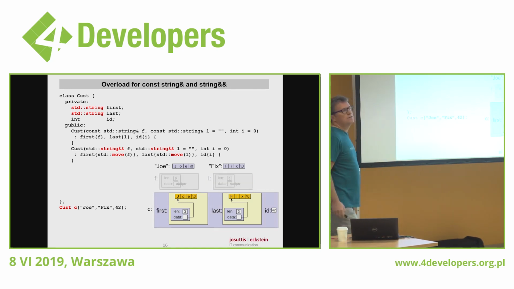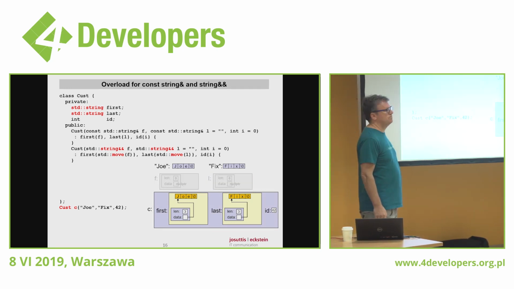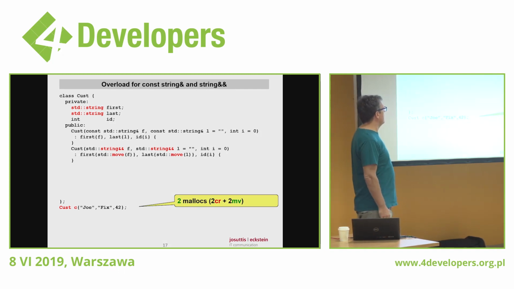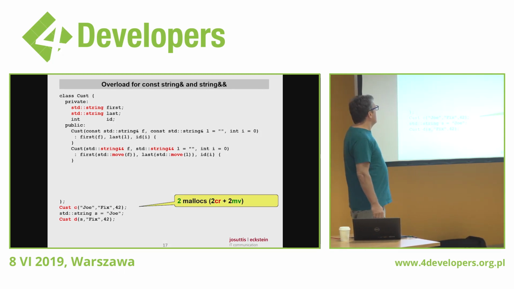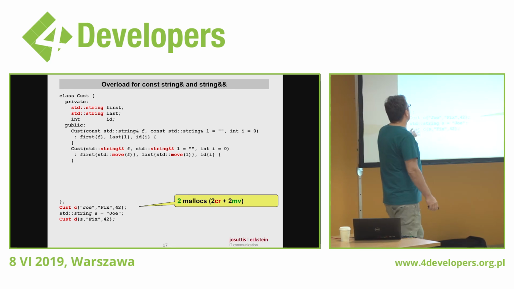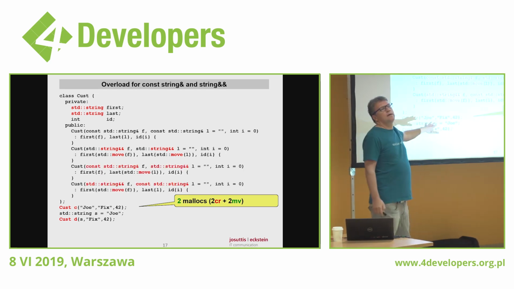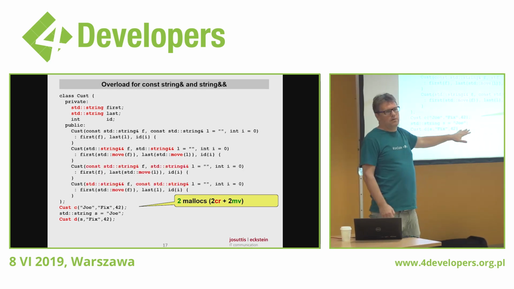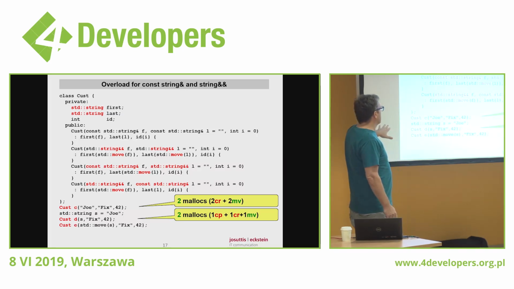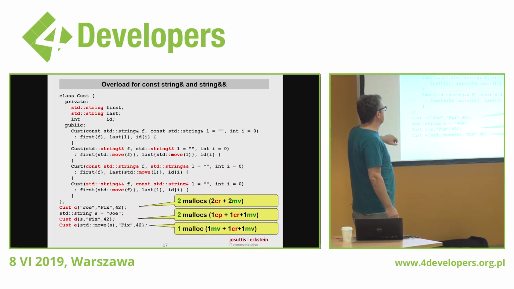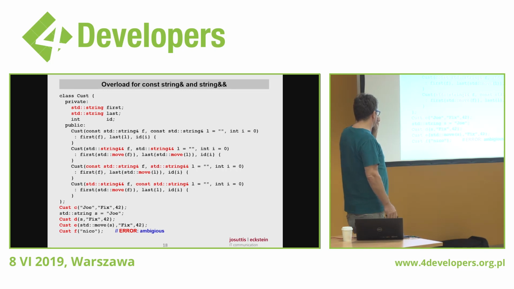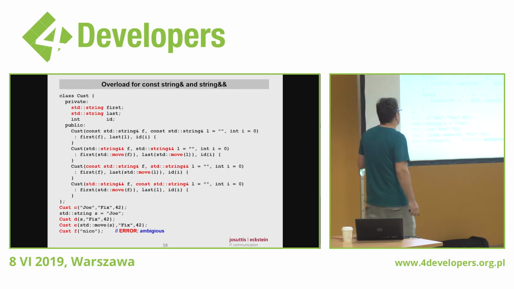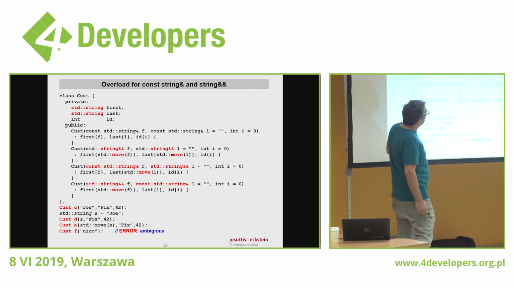And we have only 2 allocations here. And that will work. Good, fine. Problem solved. Oh, yes, and we need all the combinations, of course. So we have to do all the 4 overloads. Good. Fine. Perfect. Oh, no. Damn. This is ambiguous. Why that?